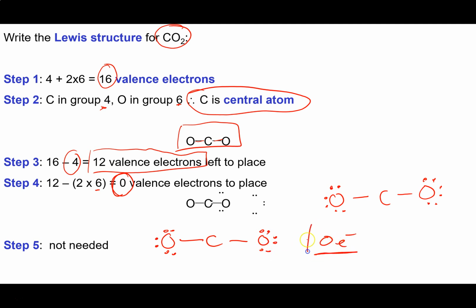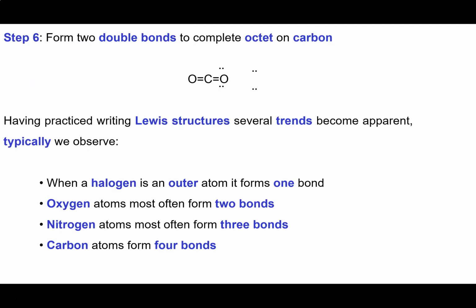And remember, I said it's very important that you check that after step 5, you've hit 0 electrons. You shouldn't have any left over at that point. So here comes the important thing for step 6. What I've got to do in step 6 is double check that my central atom has an octet.